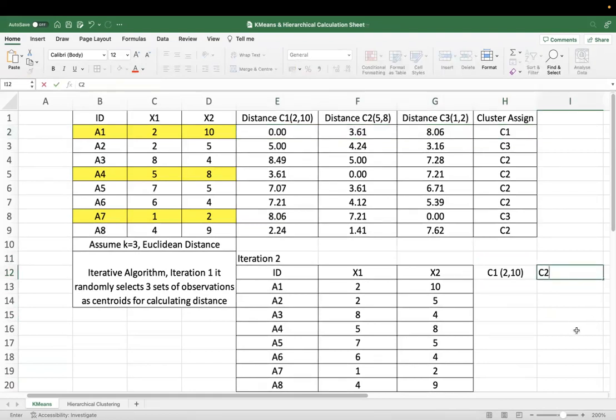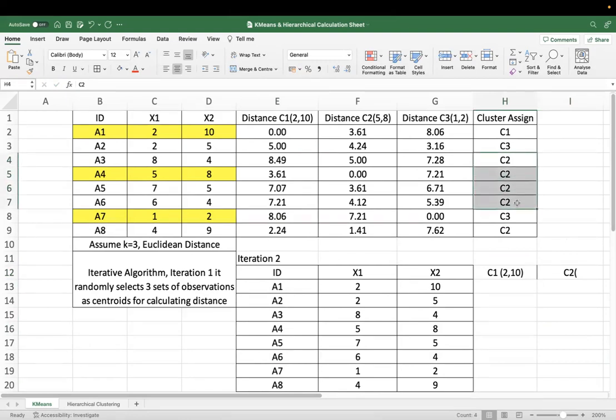For C2, we need to find the centroid. Now, what are the C2 values? 1, 2, 3, 4, these 4 values, and this is the 5th value. If you come down, the average is 6.